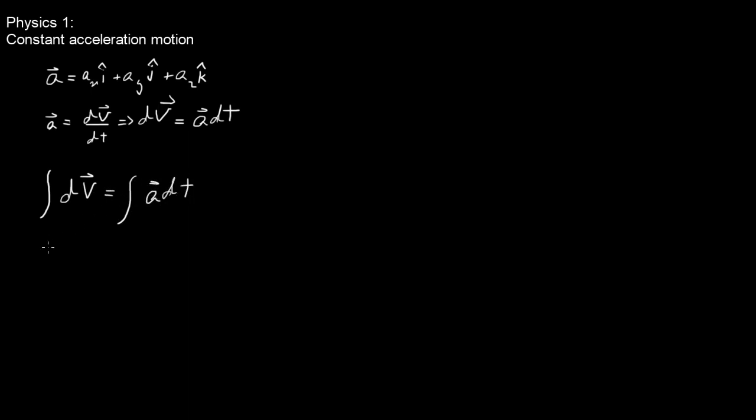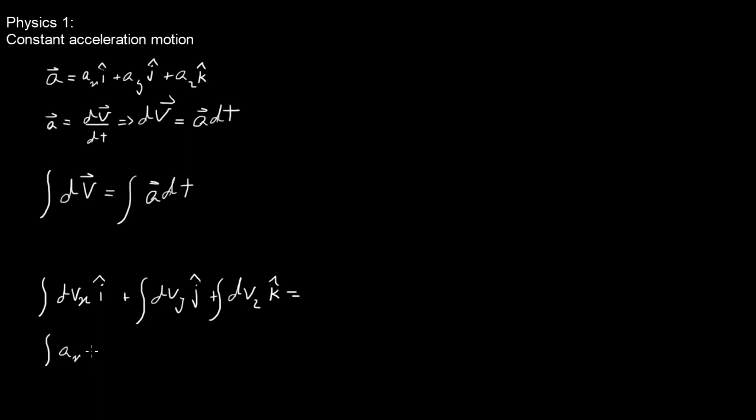So what this actually means is the integration of dvx i hat plus the integration of dvy j hat plus the integration of dvz k hat equals the integration of ax dt i hat.